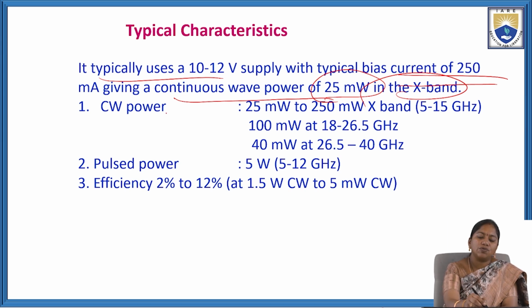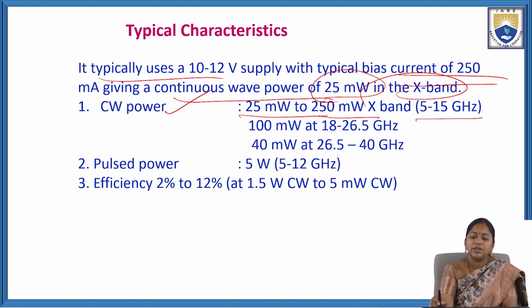The continuous wave power is 25 milliwatts to 250 milliwatts in the X band, with a frequency range of 5 to 15 gigahertz; 100 milliwatts at 18 to 26.5 gigahertz; and 40 milliwatts at 26.5 to 40 gigahertz.